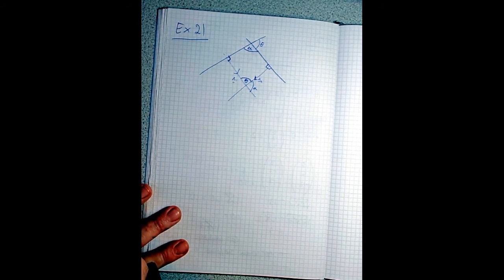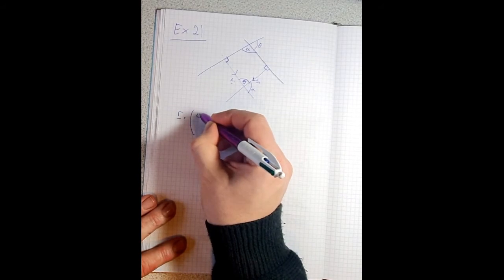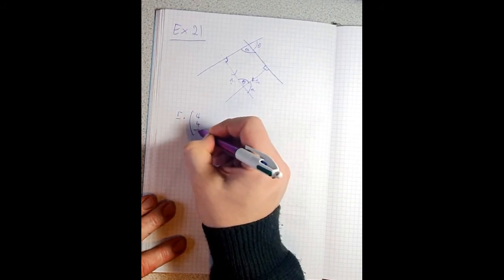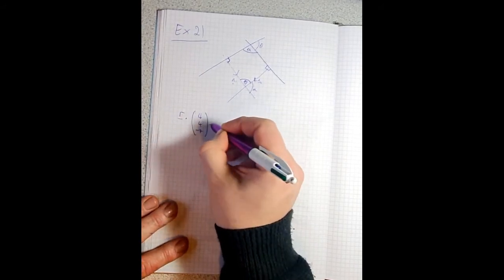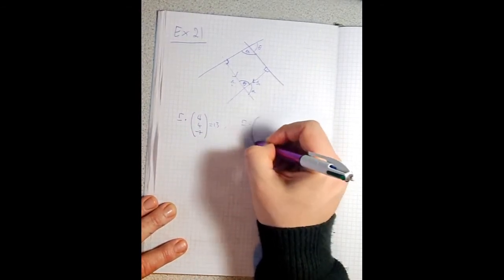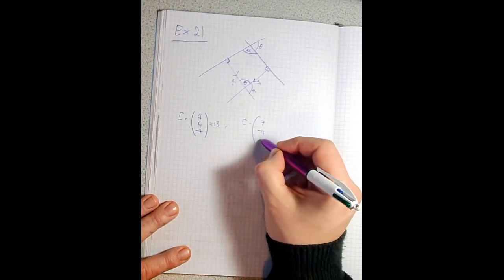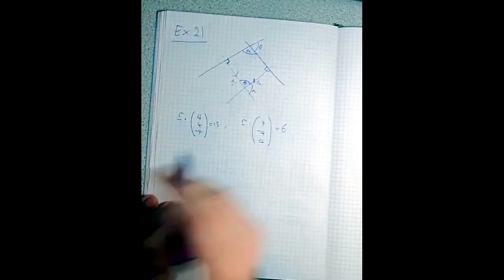So for example 21, let's have a look. I've got r dot (4, -7) equals 13 and r dot (7, -4) equals 6.